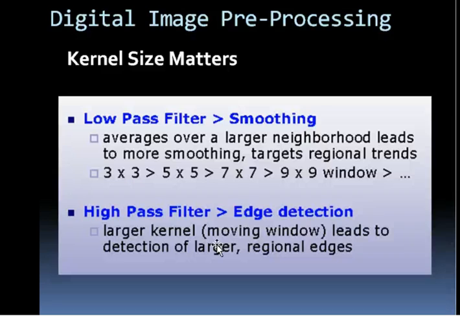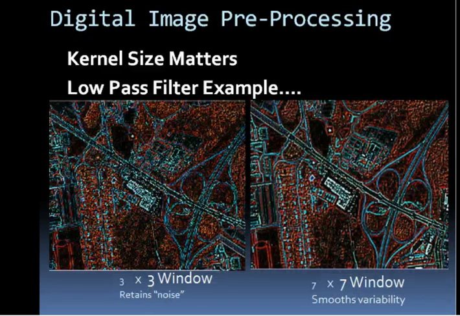If I was interested in identifying edges of larger areas, I might choose to have a larger kernel or window. If I really were interested in those smaller features, then I would want to have a smaller window to be able to use. Just to give you an example, we have some really high spatial resolution imagery here, which even after we run that 3x3 low pass filter to smooth, we still see quite a bit of noise in here.